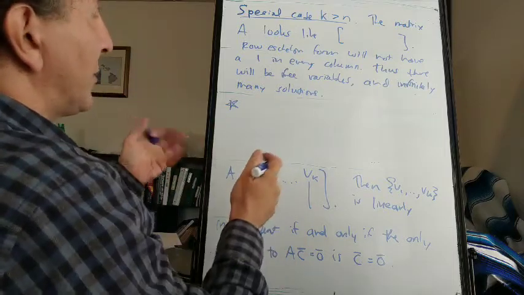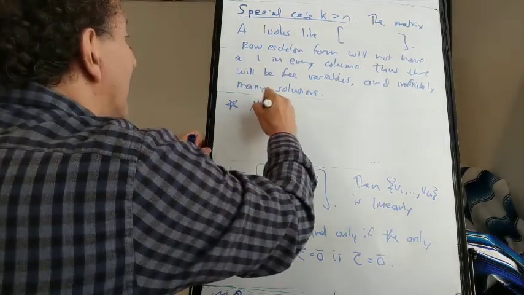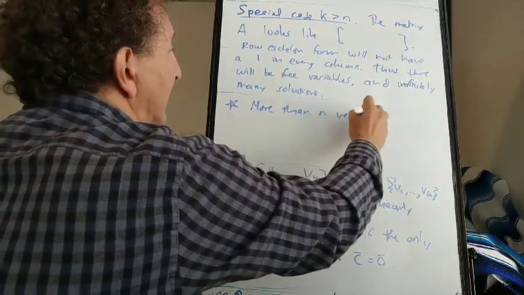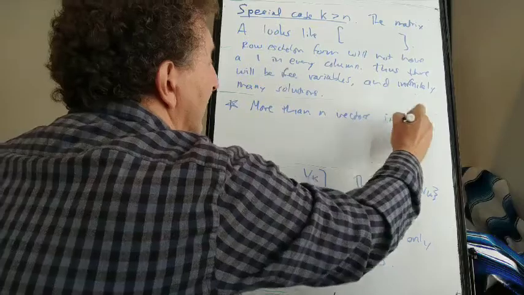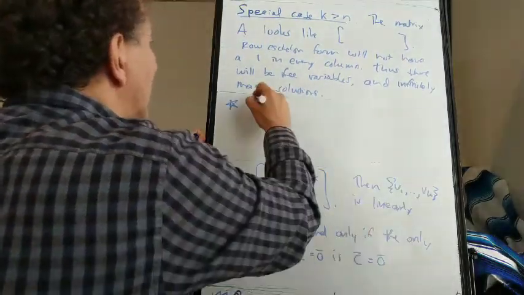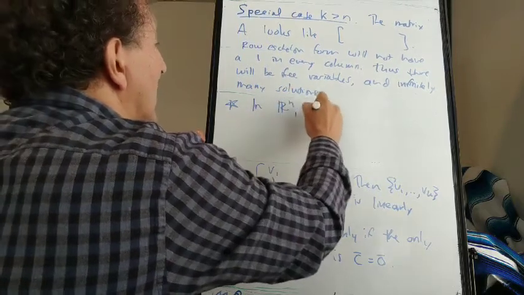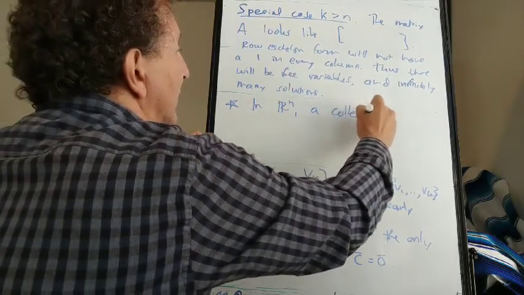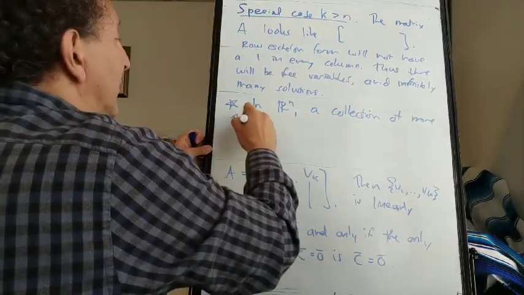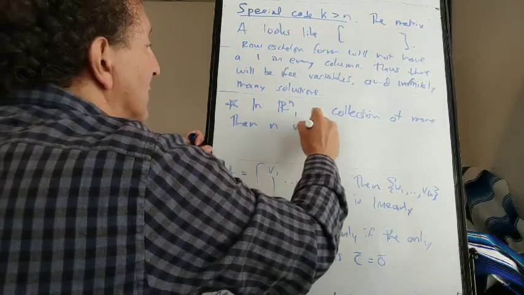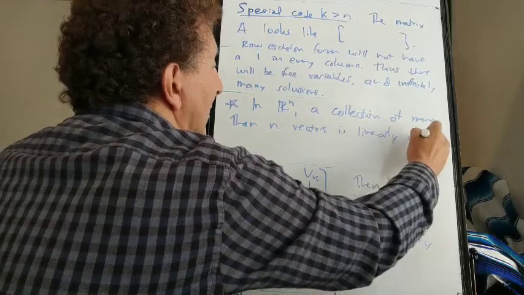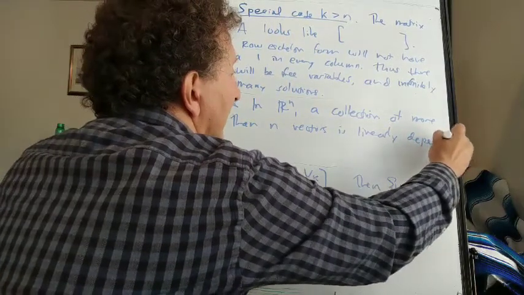So to sum this up, we can say a collection of more than n vectors in Rn is linearly dependent.